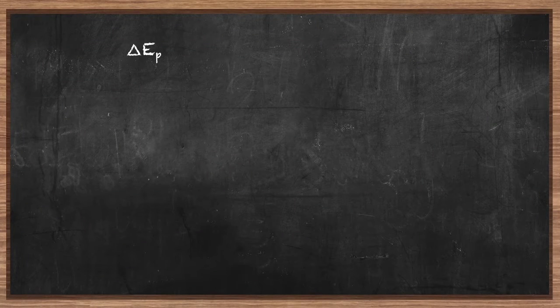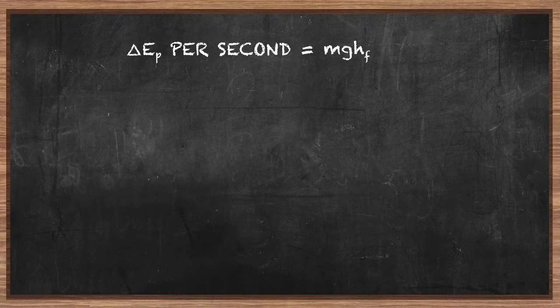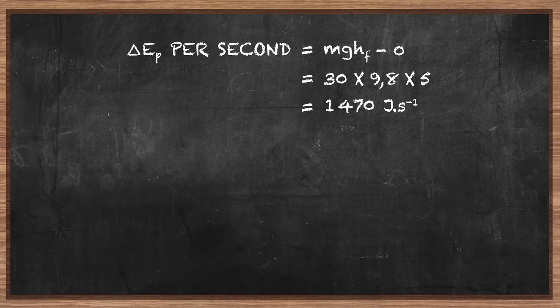The change in potential energy per second is equal to the final potential energy because we take the reference level at the original height of the water where h equals 0. The change in potential energy per second equals 1,470 joules per second.